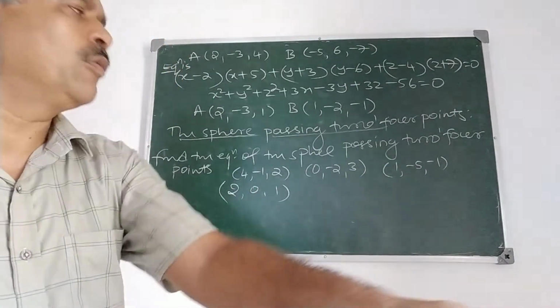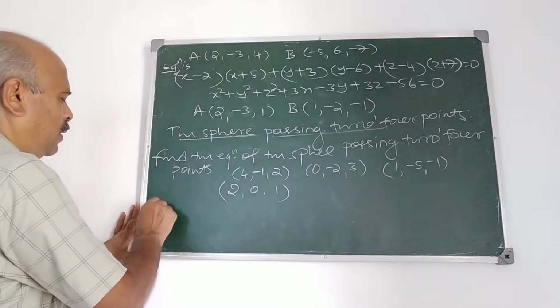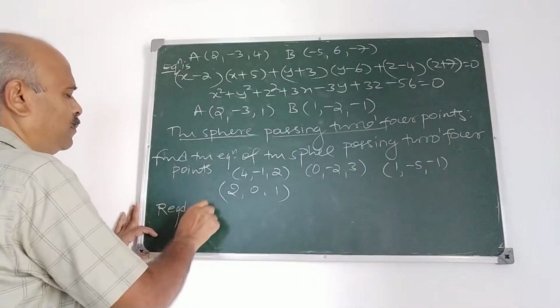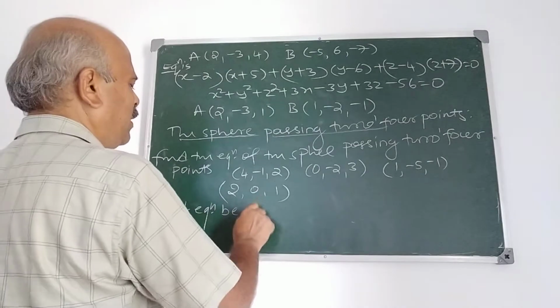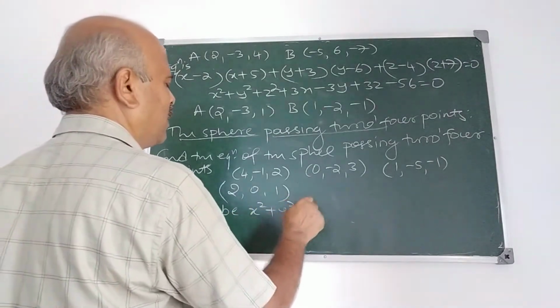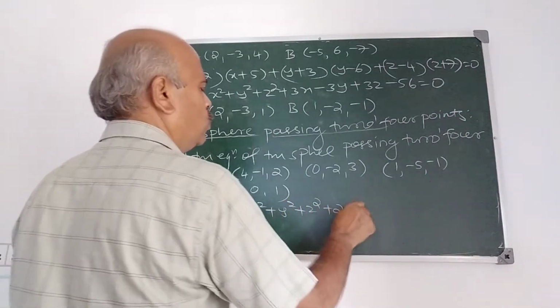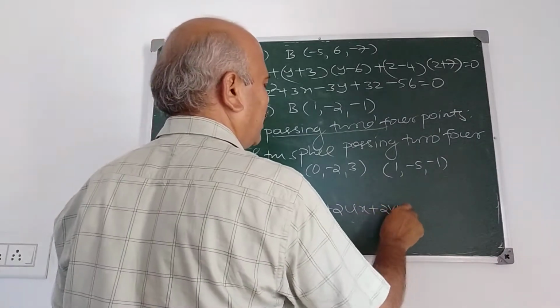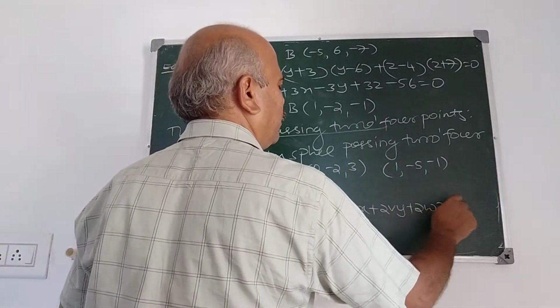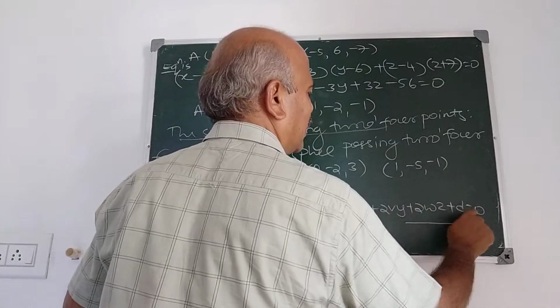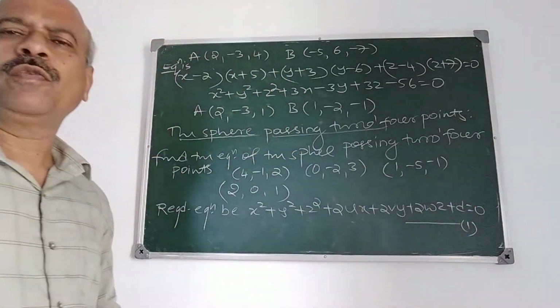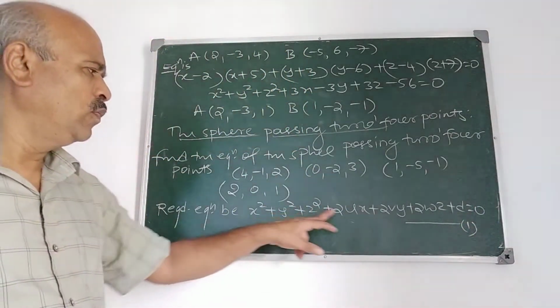So I explain the procedure. The required equation be x square plus y square plus z square plus 2ux plus 2vy plus 2wz plus d is equal to 0. Take this as 1. What you have to find out here? u, v, w, d.